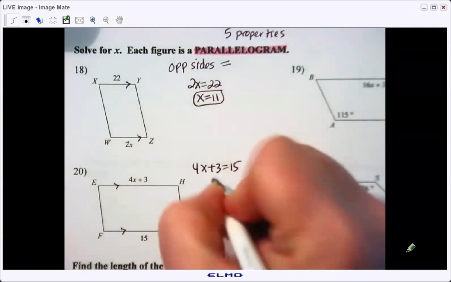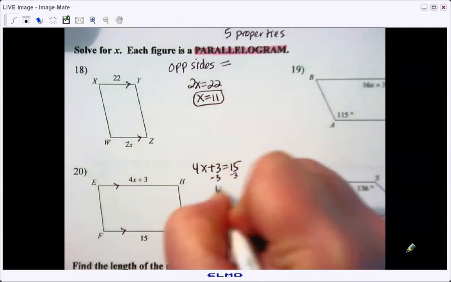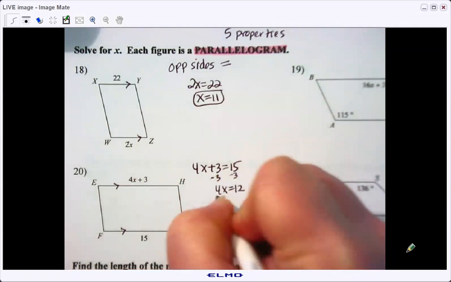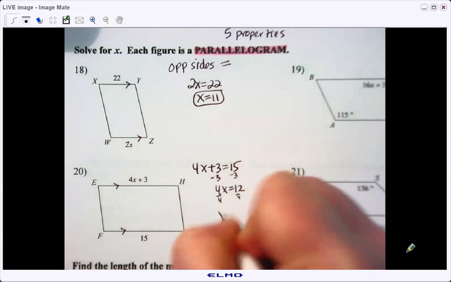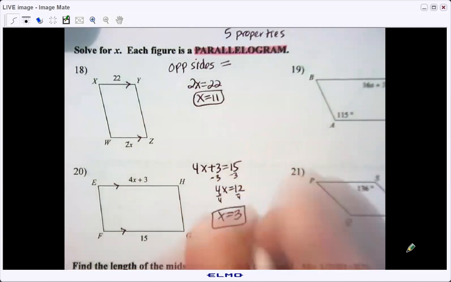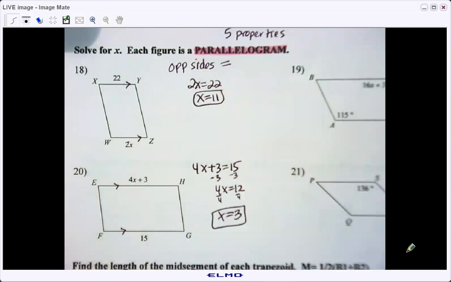Yep. Subtracting 3 on both sides, we get 4x equals 12. And dividing by 4, we get x equals 3. Okay. Questions on those? Okay.